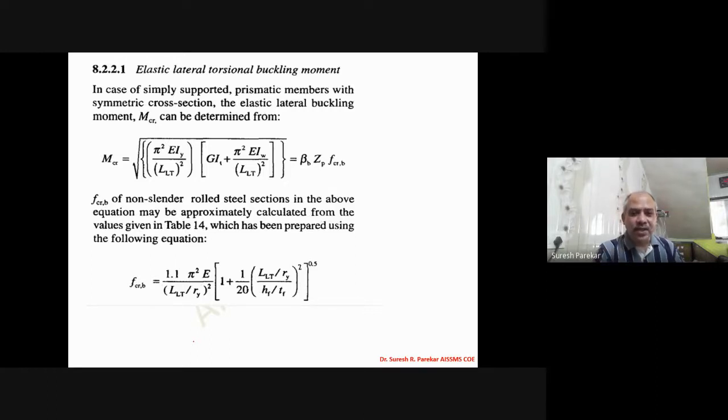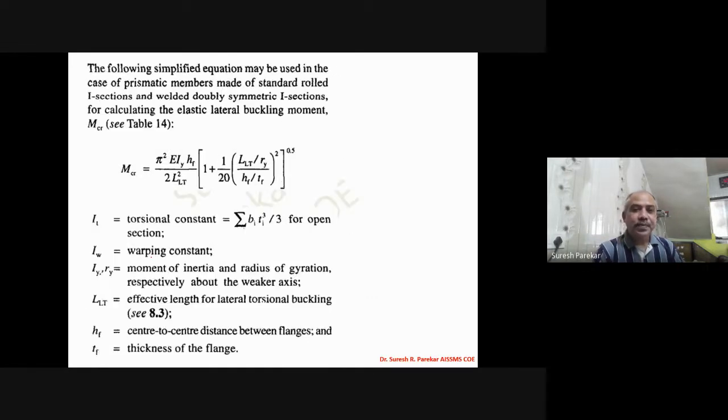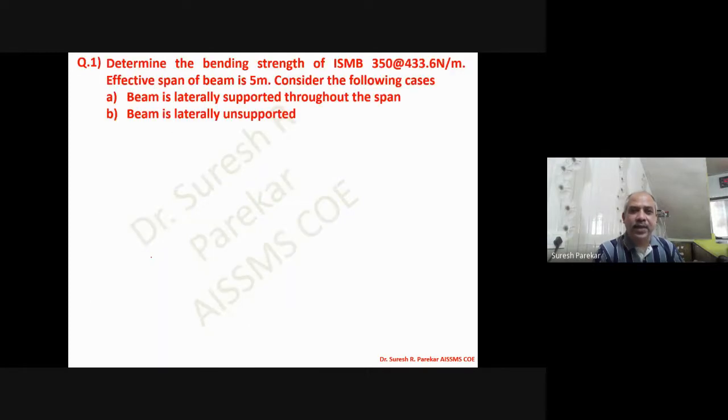So instead of this, you can find FCRB by using this formula. So we have used this formula and calculated these values of FCRB by table also and by formula also. Now MCR, as I have just mentioned, you can calculate and use it, but we have not calculated MCR.